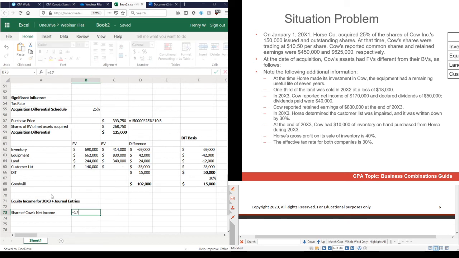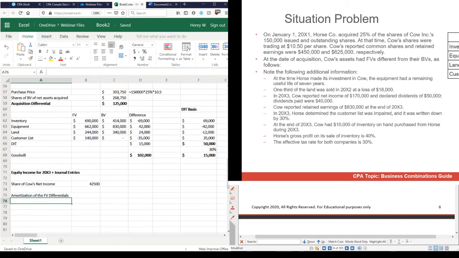So 170,000 times the 25%. Amortization of the fair value differentials: equipment, customer list.